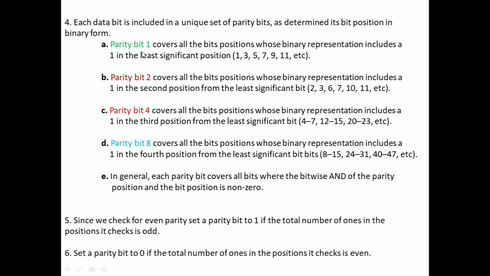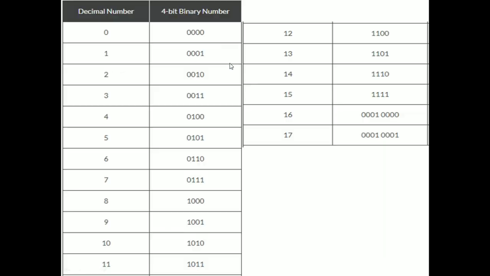Parity bit 1 covers all the bit positions whose binary representation includes 1 in the least significant position. If you see here, this position is called the least significant bit, LSB, and this position is called the most significant bit, MSB.